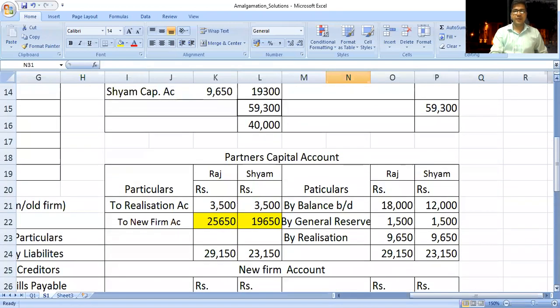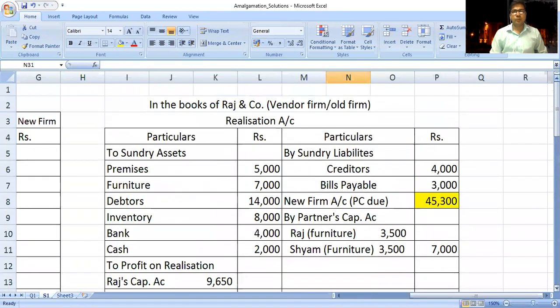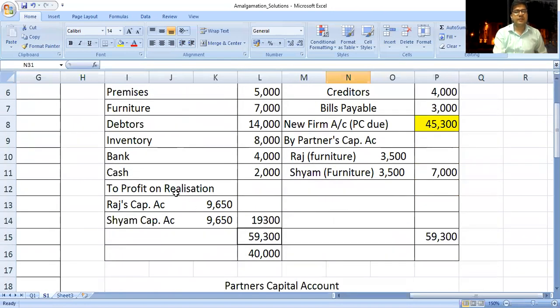Let's see how we will prepare, in the books of the vendor firm, the realization account, partners' capital account, and new firm account. Realization account profit is transferred to partners' capital account. If there is a loss, it is credited. If there is a profit, it is debited. Sometimes the debit side total will be more than the credit side total, so the loss will come on the credit side, and it is also transferred to partners' capital account.